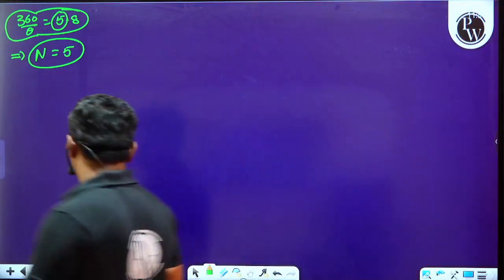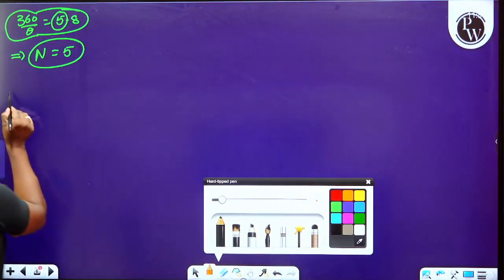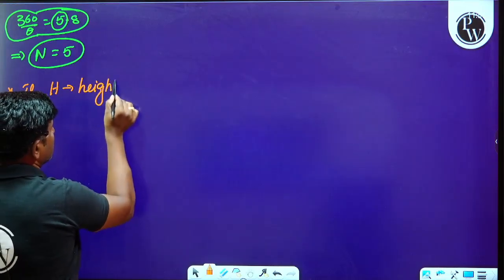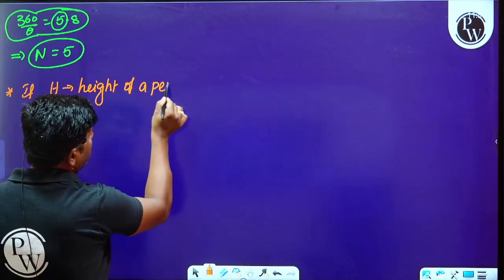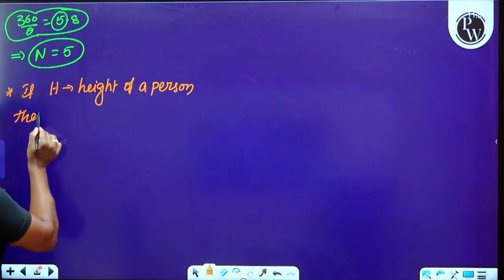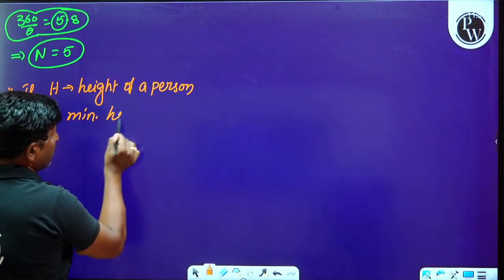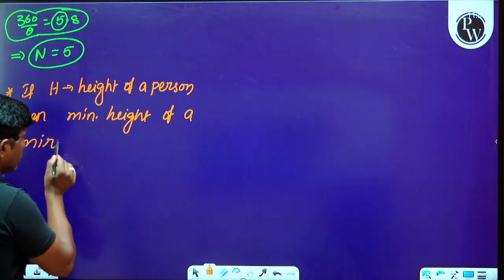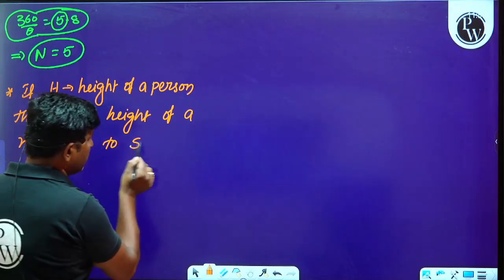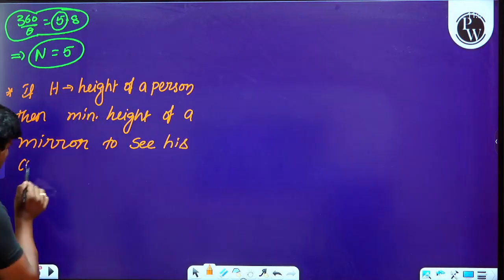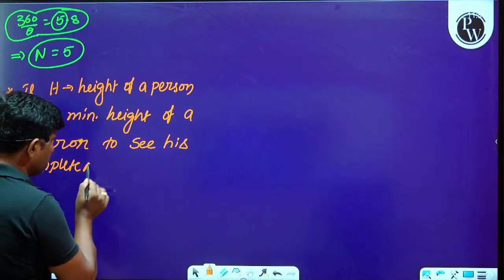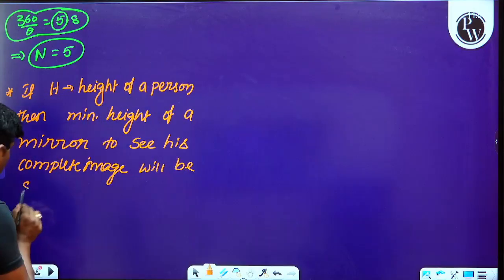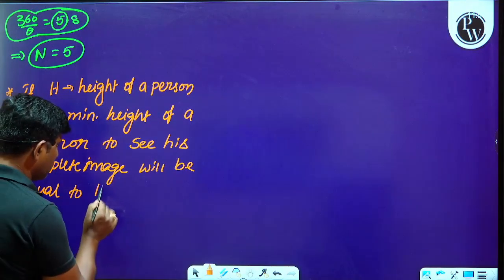Okay. Now we have to think about the next point. What is the next point? Suppose capital H is the height of a person, then the minimum height of a mirror to see his complete image will be equal to capital H by 2.